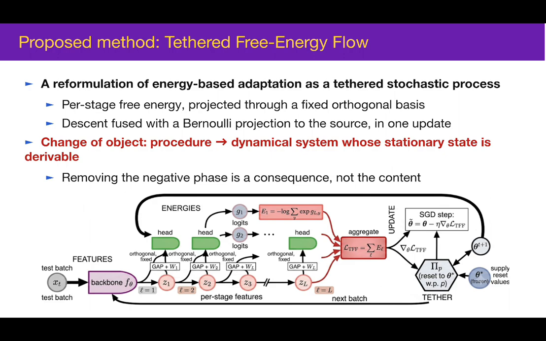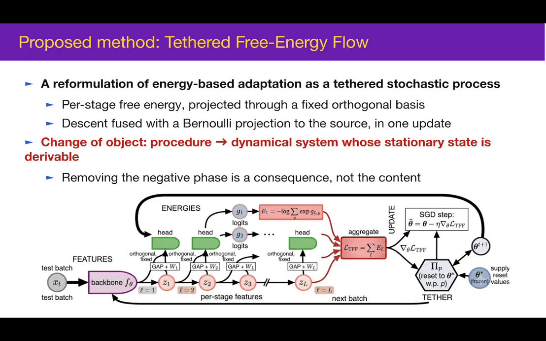And this is my method, TFF, or Tether Free Energy Flow. TFF is actually a reformulation. What I mean is, instead of seeing the adaptation as an algorithm or a list of steps, I see it as a stochastic process, a system that settles into a stable state over time.